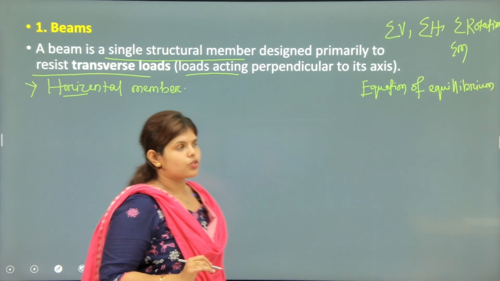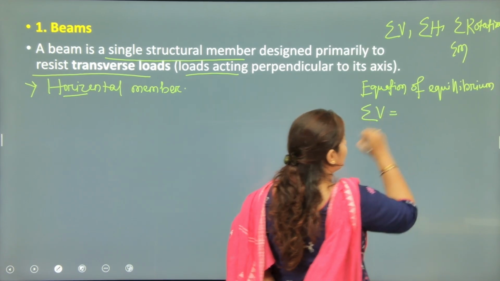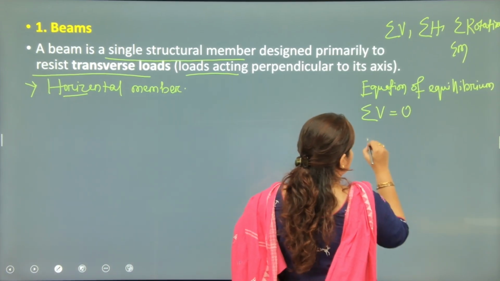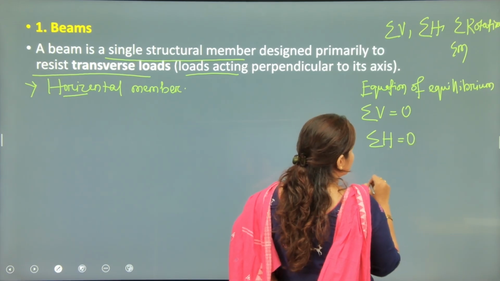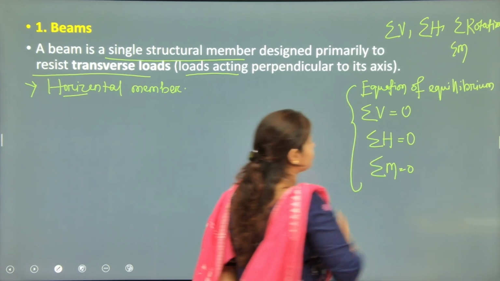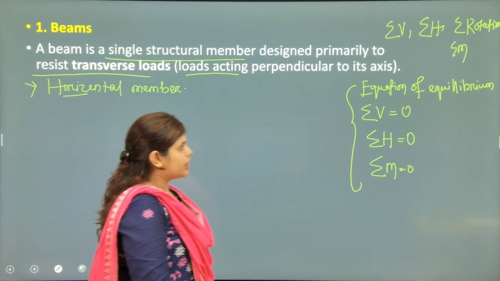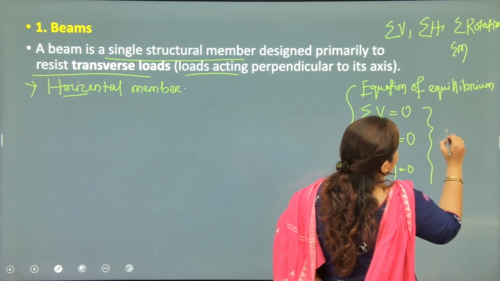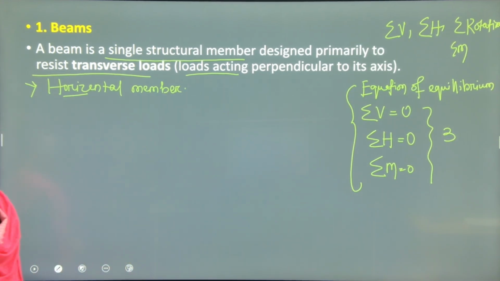If any structure satisfies that the summation of all the loads in the vertical direction must be 0, the summation of all the loads in the horizontal direction must be 0, and the summation of all the moments must be 0, then it satisfies the equation of equilibrium. So the number of equations of equilibrium is 3.